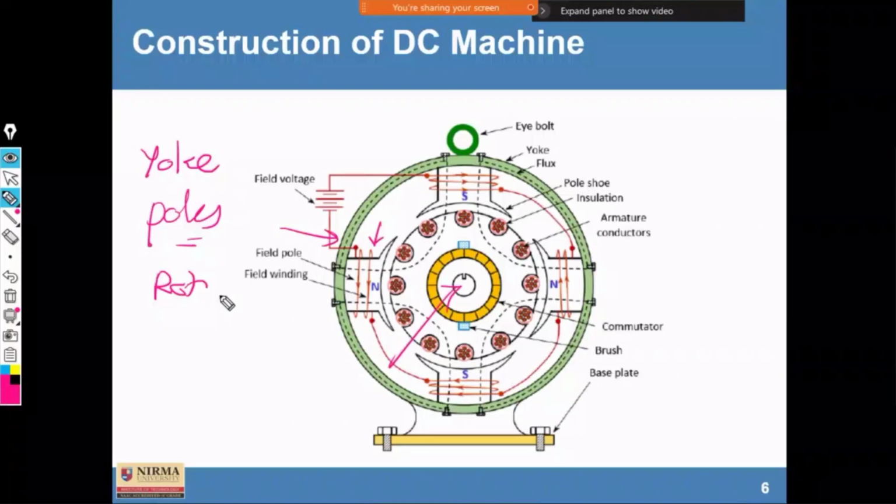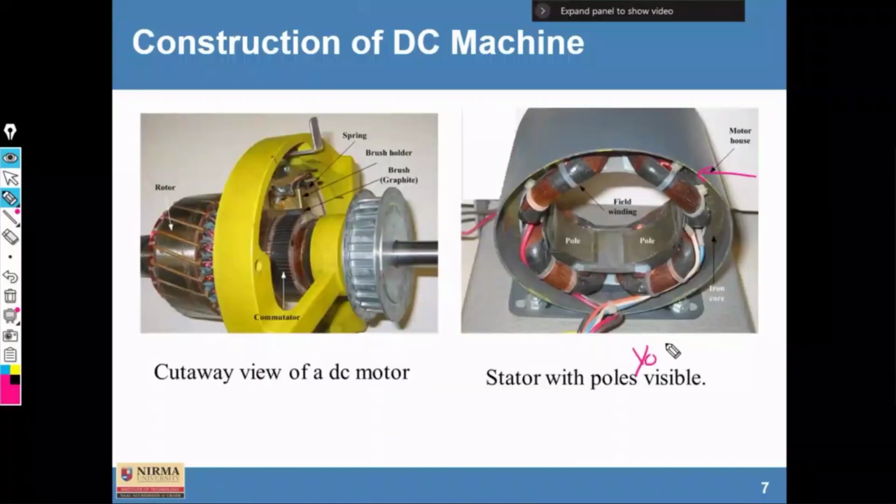So let us see the construction of this machine. Okay. Here I have discussed that this is the motor's outer surface, or what we can call the protective surface, known as yoke. Then this yoke is fixed at the bottom with screws on a plate of wood or a plate of iron.